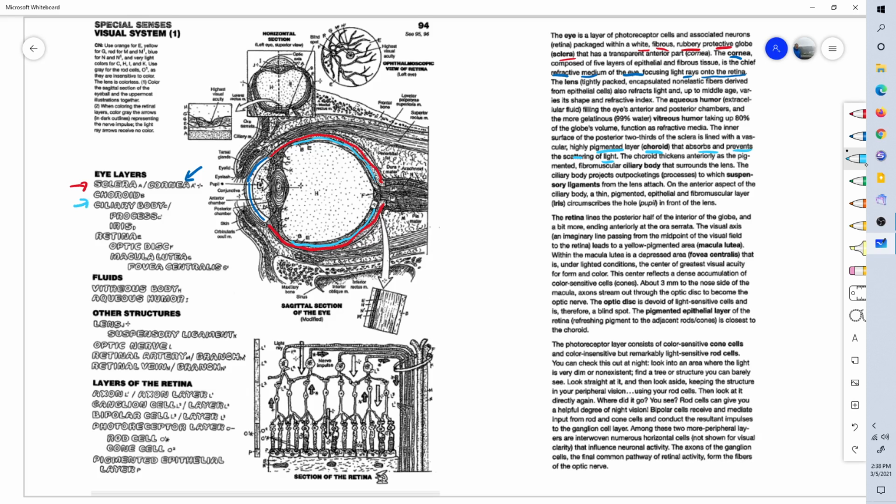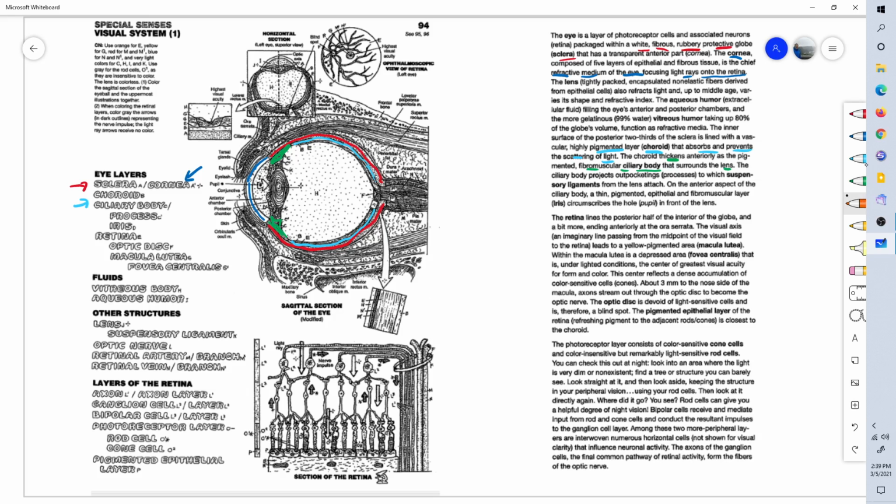Choroid layer is continuous with a layer here called the ciliary body. It thickens to become the fibromuscular ciliary body that surrounds the lens.